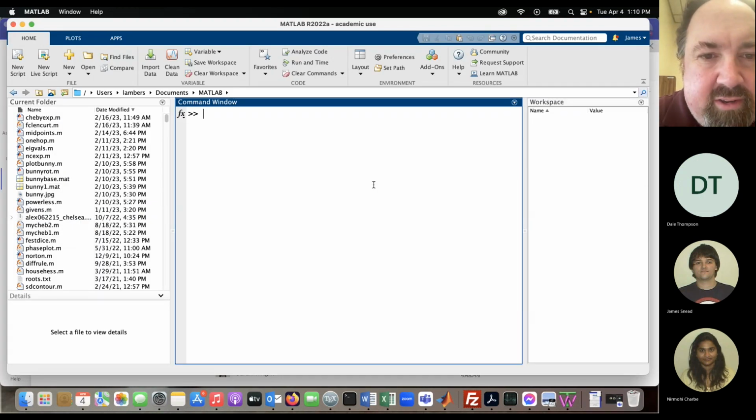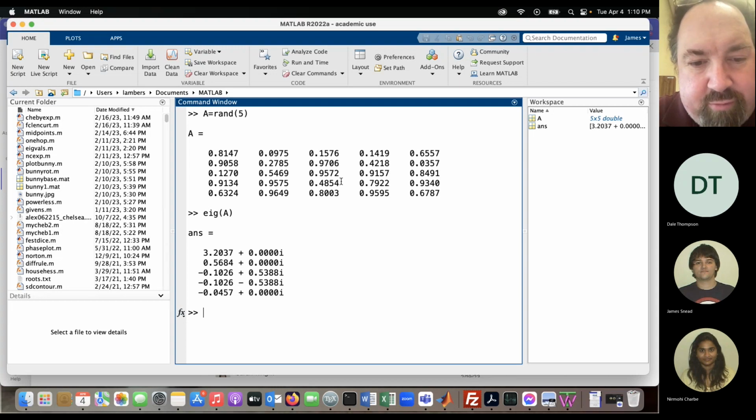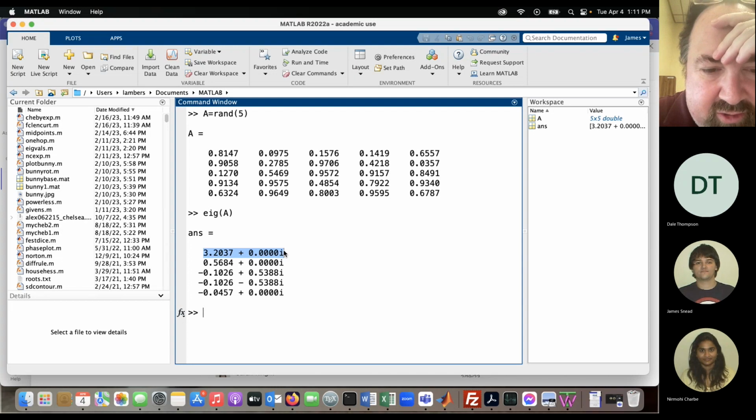So what I'll do here is I will make a random matrix, say of 5 by 5. And I can take a look at what the actual eigenvalues of A are. So here we have both real and complex eigenvalues, but the largest eigenvalue certainly is this one.